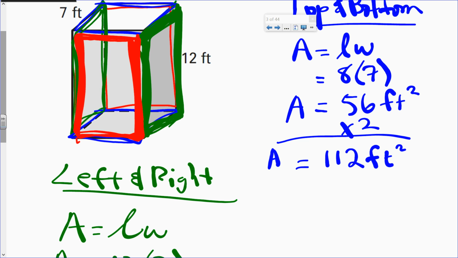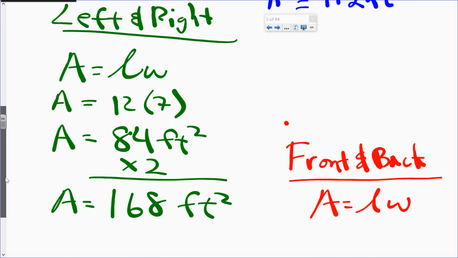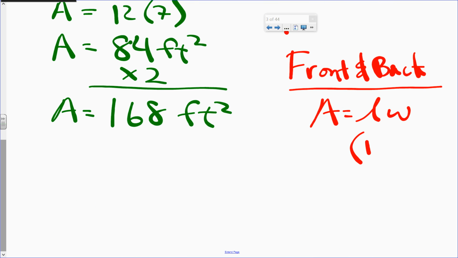Can you just tell me the length of that front rectangle? From here to here? 12 feet. I'm going to put it right here.